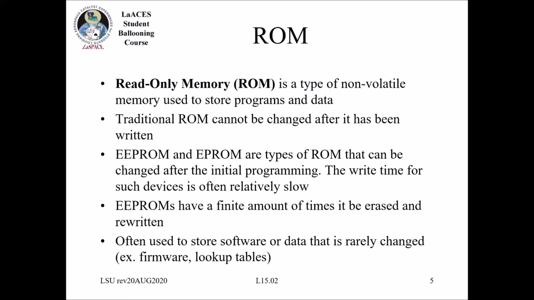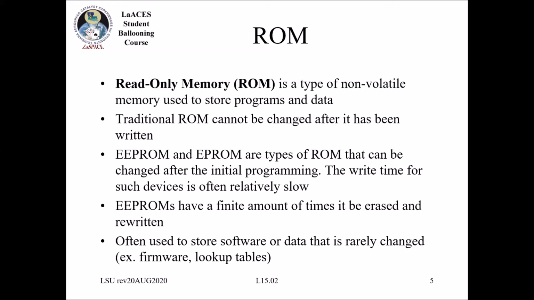So one type is what's called ROM, which is read-only memory, as in a CD-ROM is a compact disc read-only memory. For a regular CD, you can't write to it, you can only read from it. Traditionally this means that you can only read from it after it has initially been written.